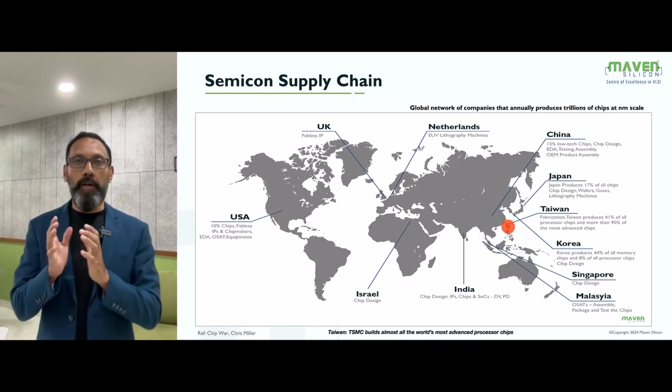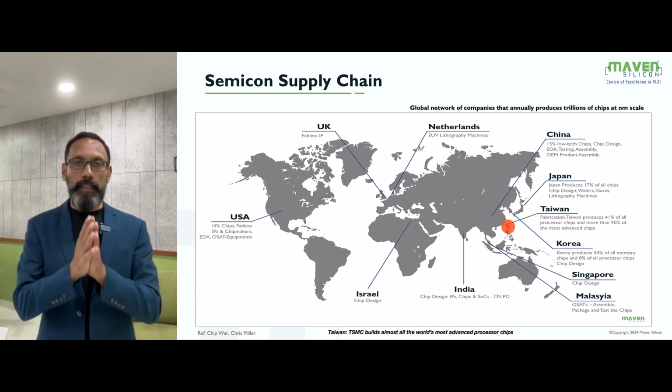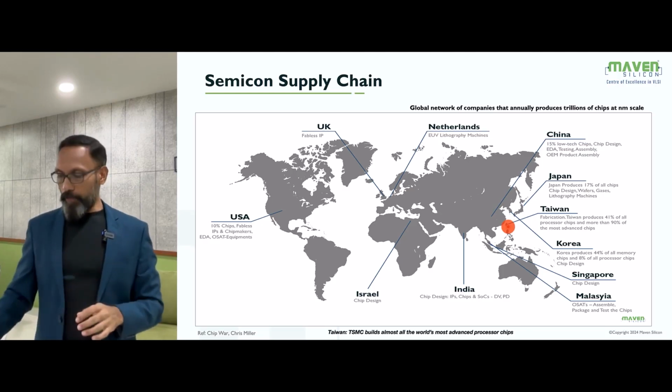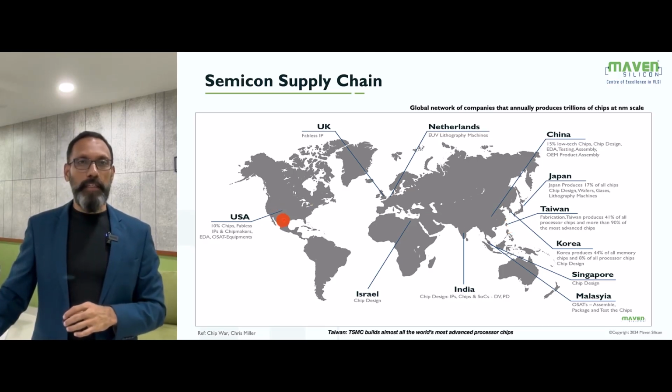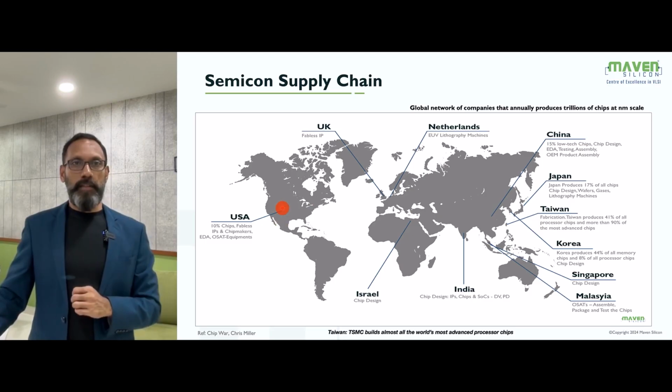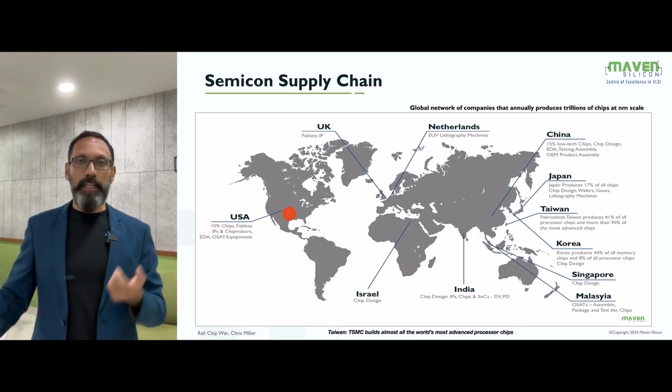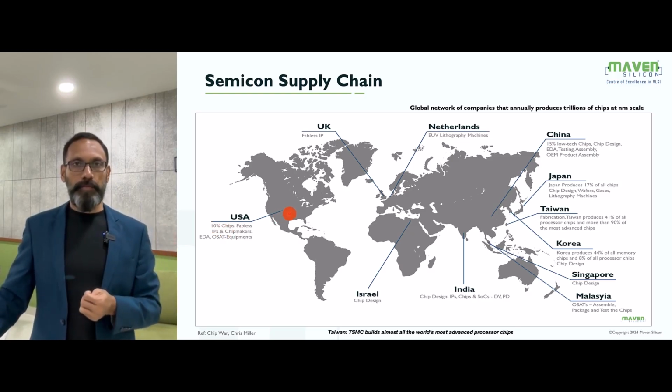There is a company called TSMC, Taiwan Semiconductor Manufacturing Company. TSMC fabricates their chip. So the fabrication doesn't happen in the United States. If you consider fabrication, it's only 10%. And Apple doesn't do any fabrication in the United States.